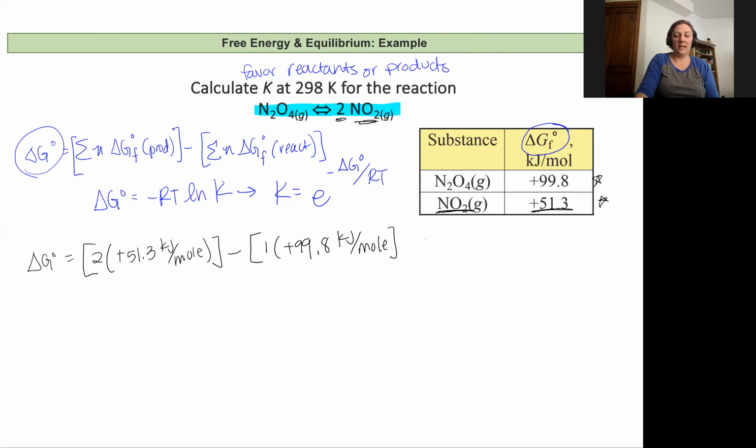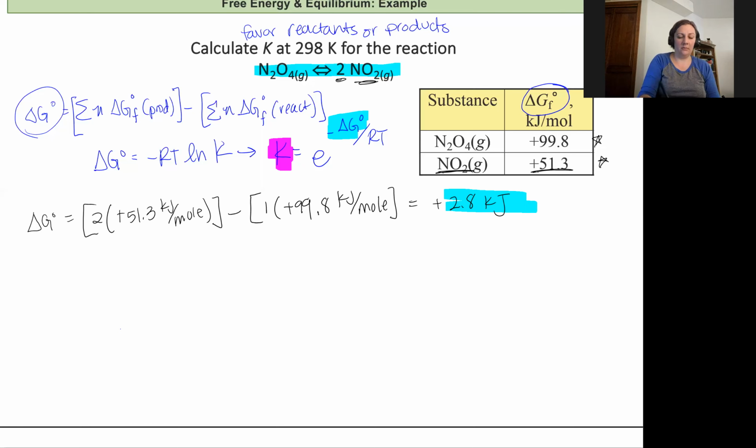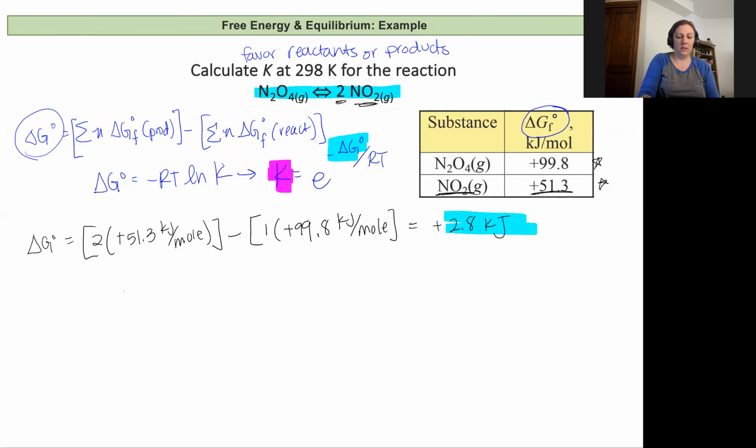That's how I set this up, and then it's a matter of plugging this into my calculator. I get plus 2.8 kilojoules. Now I can use that in my equation to calculate my equilibrium constant. Plugging that into our next equation, I know that K is equal to the exponent of negative standard free energy divided by RT.